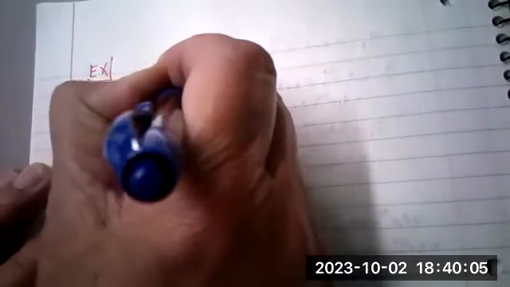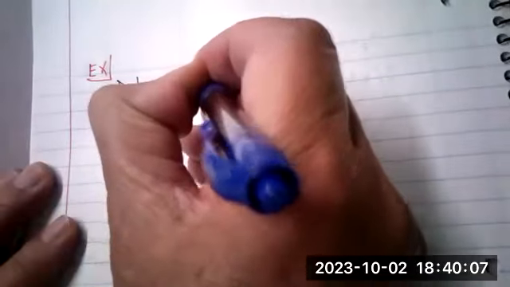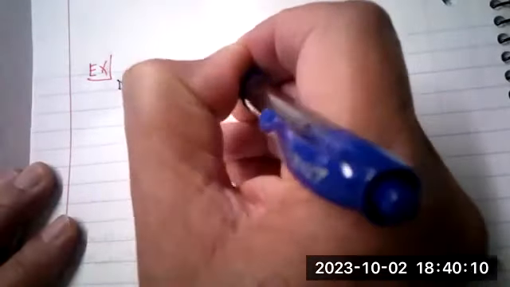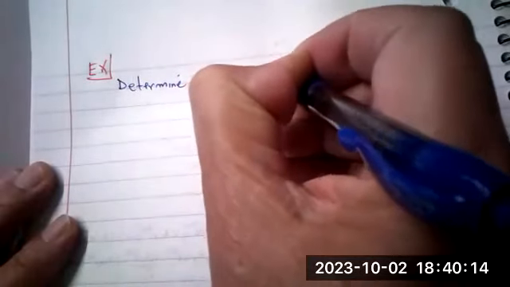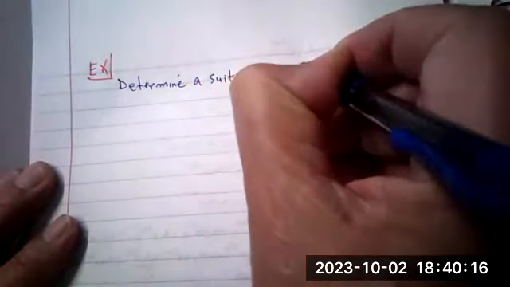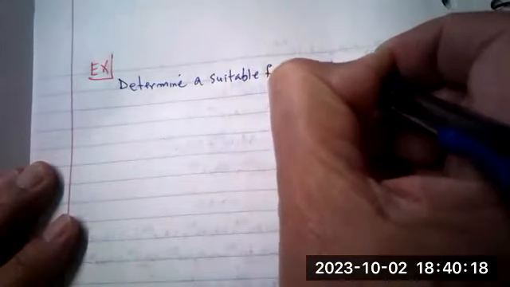You see, this is the second format. The format is: determine a suitable form for yp or yp of x.